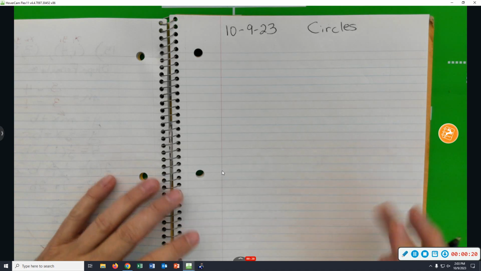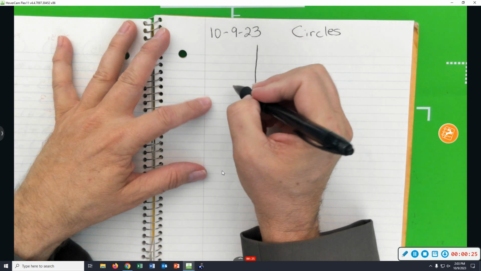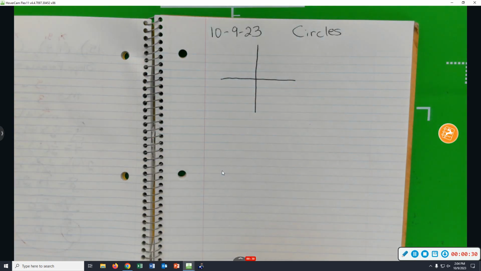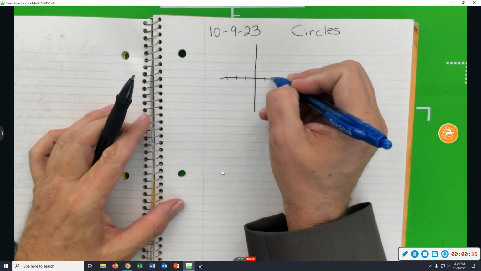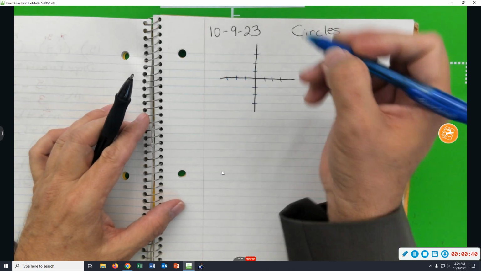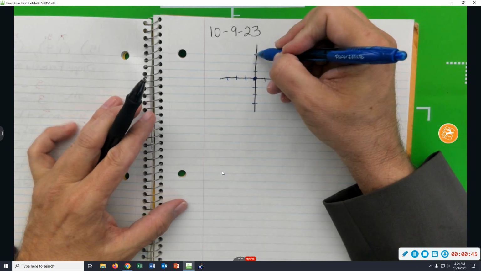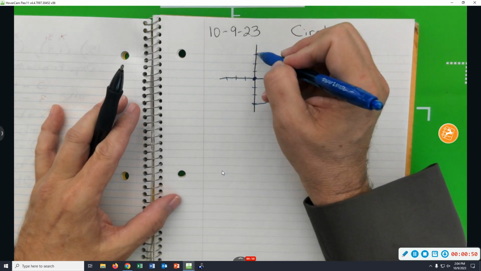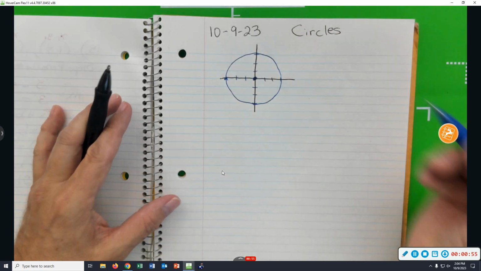We make the assumption that y'all are familiar with what a circle is. Here's my XY grid. We make the assumption that y'all know what a circle looks like, which is a reasonable assumption, I believe, and that y'all know that a circle has a center, and it's defined to be the set of all points equidistant from a fixed point.